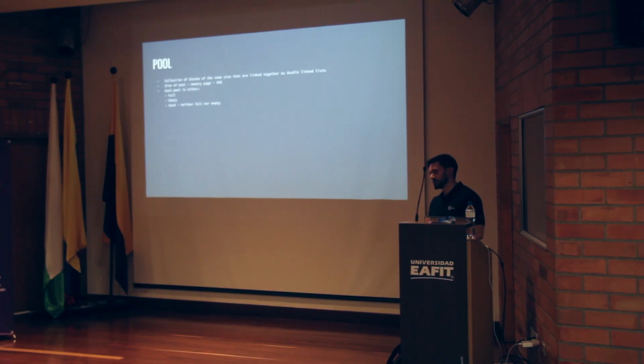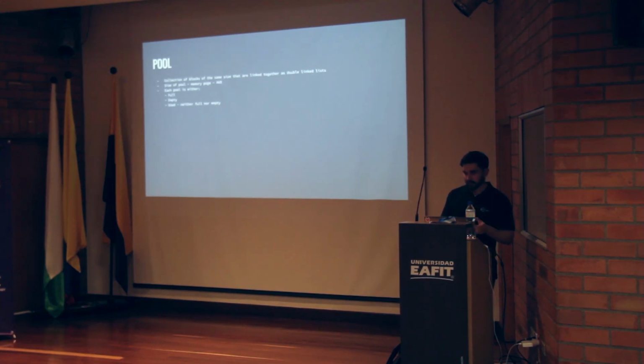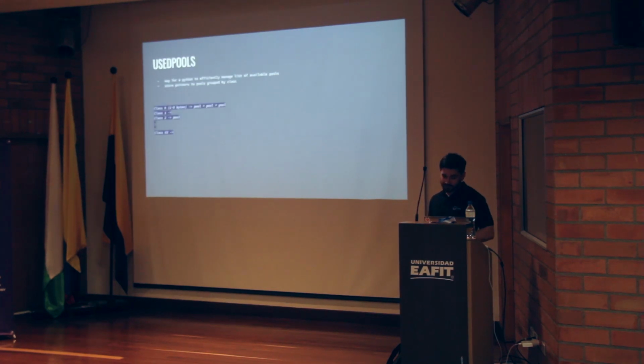Full and empty, I think it's pretty obvious what that means: it's either full and you can't put any more blocks into it, or it's empty and you can put as many blocks as you wish. Or it is used, and that's neither full nor empty. Yeah. Then the next thing, used pools.